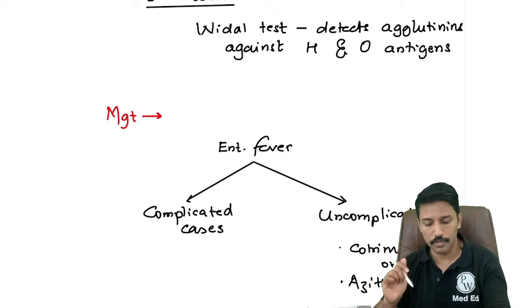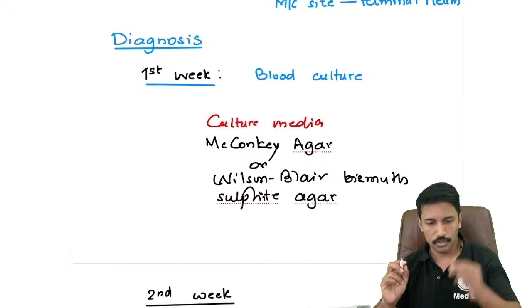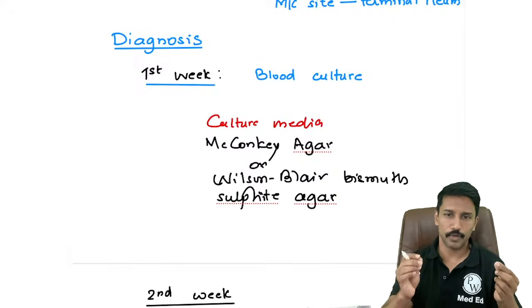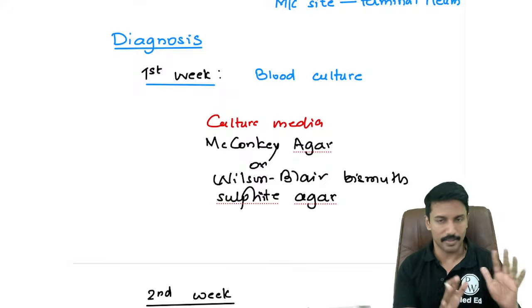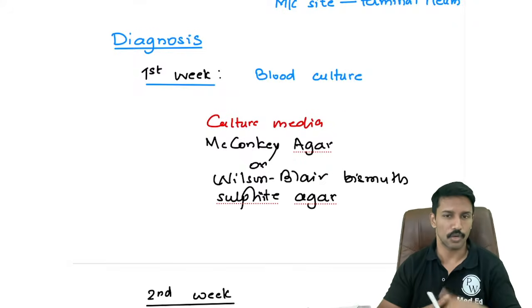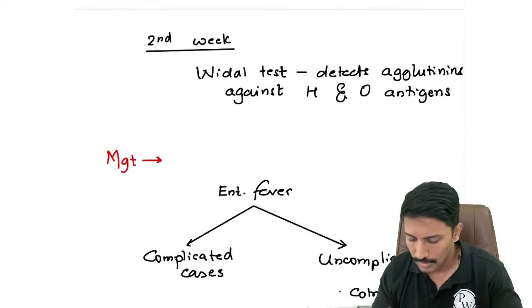So if you're doing it in the first week, ideally what you should do is do it on day 1 and do it on day 5. If the titer is increasing, then you can say, sir, this is a case of typhoid. Otherwise, it is the blood culture that is the go-to investigation for typhoid. Right?